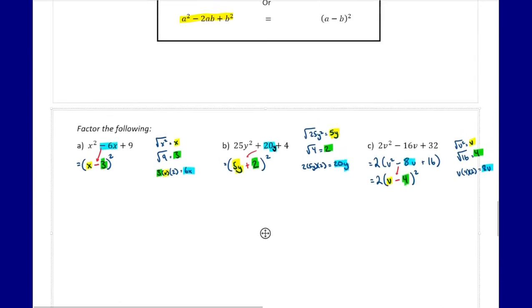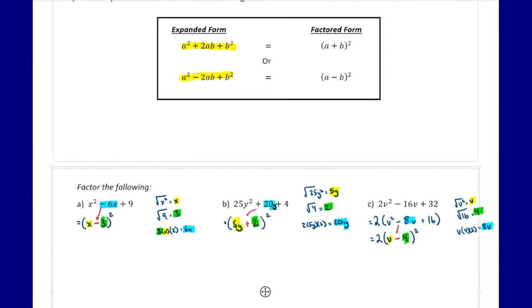Again, you're really using this to find that relationship just to make it a little bit easier to go through and factor, because by finding those special cases, we can use the relationship between the expanded form and the factored form to quickly get to our answer. If you don't like these methods, that's okay, because then you can always go back and just factor them as simple or tricky trinomials like we've done in our previous lessons.